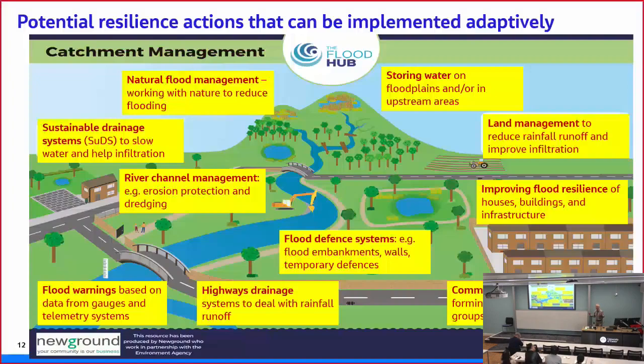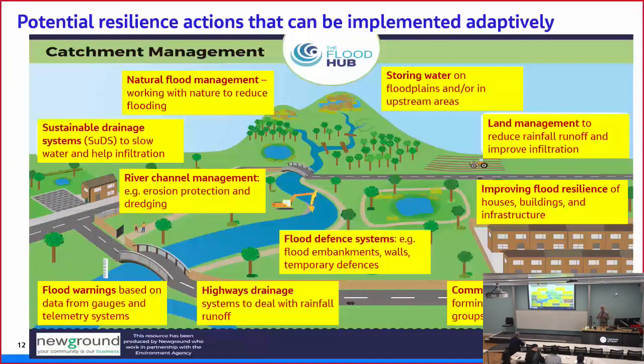A lot of river floodplains, unfortunately, have been built on, but where there is opportunity to store water, that is another option. You've got land management to reduce rainfall runoff and improve infiltration. You've got sustainable urban drainage systems that many of you in the room will be familiar with. Then you can improve the hydraulic capacity of the river channel itself through erosion protection and dredging.